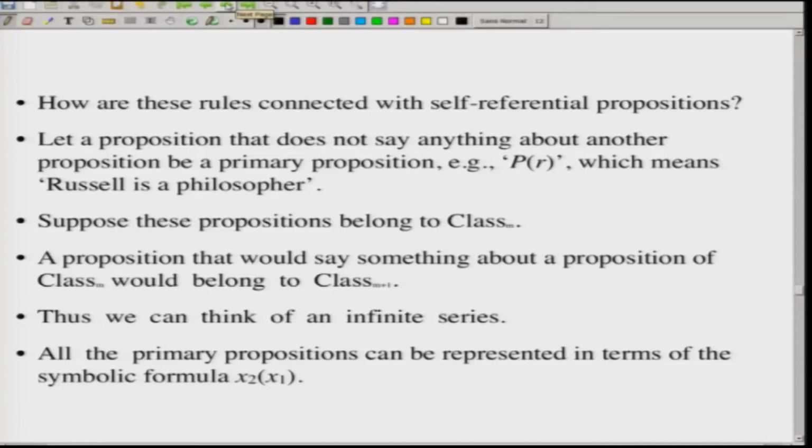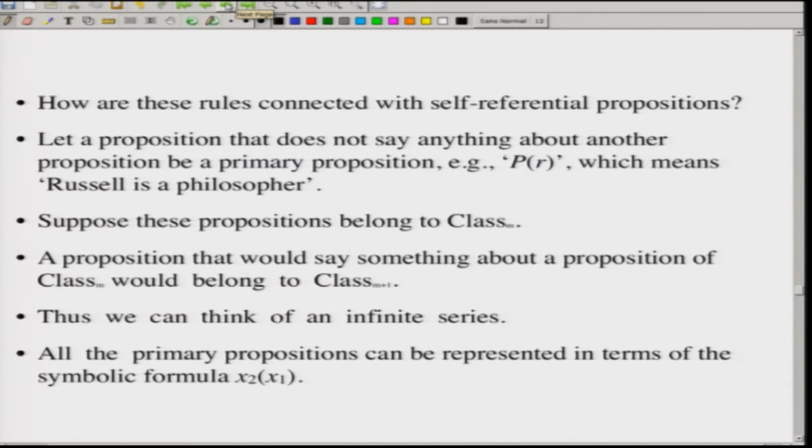This is how they do it. Let a proposition that does not say anything about another proposition be a primary proposition. For example, we have P r, which means Russell is a philosopher. It is a primary proposition. Suppose these propositions belong to class M. A proposition that would say something about a proposition of class M would belong to class M plus 1.